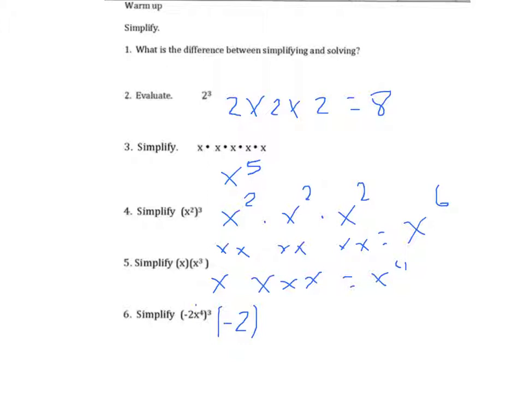So it's -2 to the first power times itself 3 times. If we expand that out to show the meaning of the repeated multiplication that exponents represent, -2 times itself 3 times is going to be -8. And then we talk about the difference: an even amount of negatives being multiplied makes a positive, and an odd amount of negatives being multiplied makes a negative.